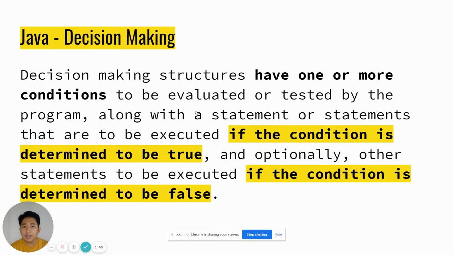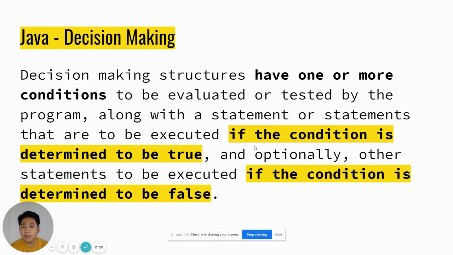Decision making structures have one or more conditions to be evaluated or tested by the program, along with the statement or statements that are to be executed if the condition is determined to be true, and optionally other statements to be executed if the condition is determined to be false.